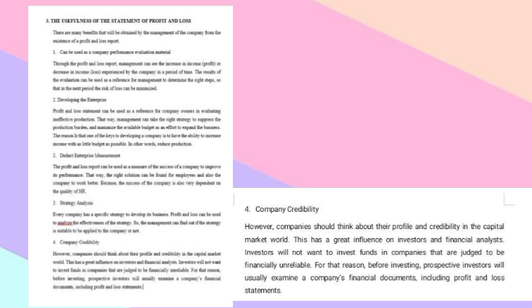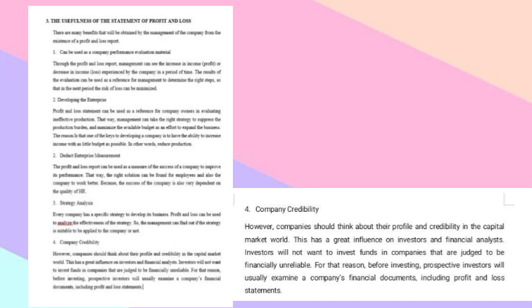Secondly, developing the enterprise. The profit and loss statement can be used as a reference for company owners in evaluating ineffective production. That way, management can take the right strategy to suppress the production burden and maximize the available budget as an effort to expand the business.